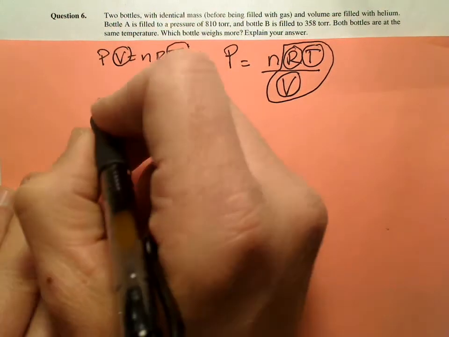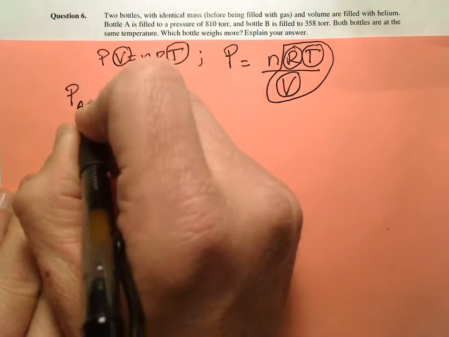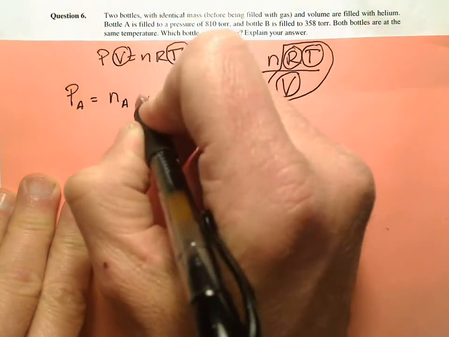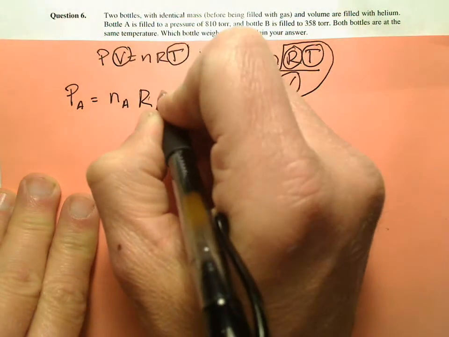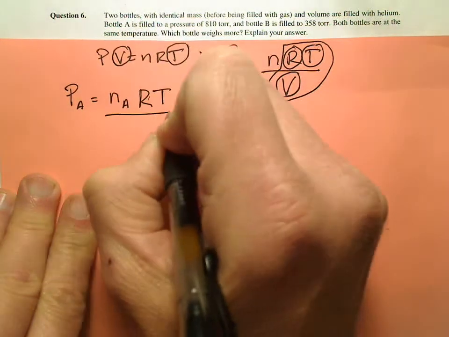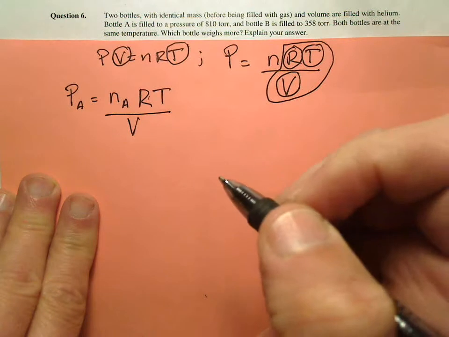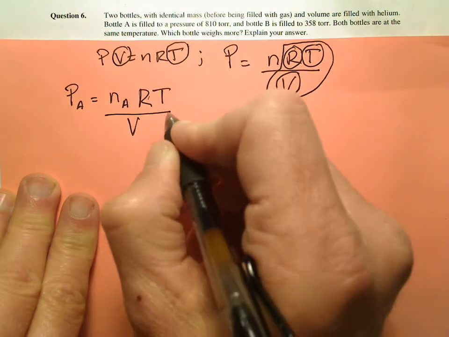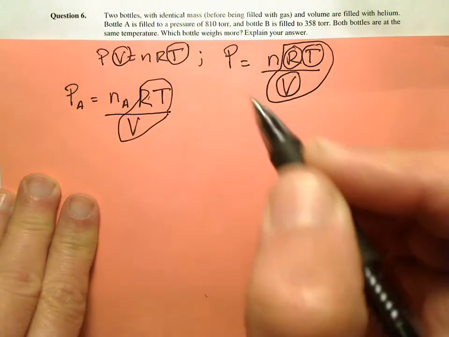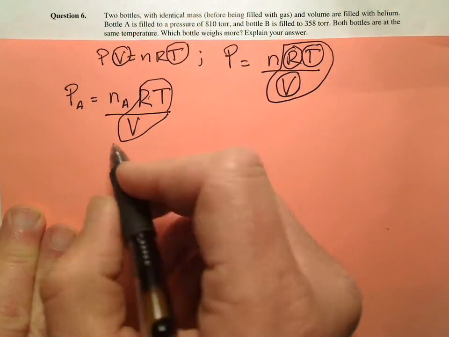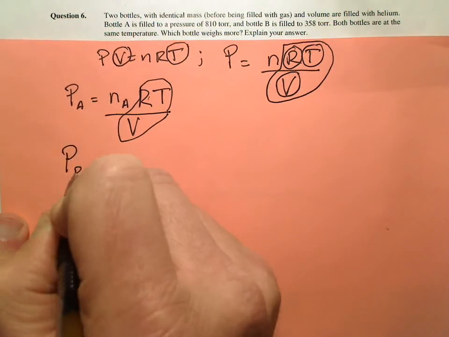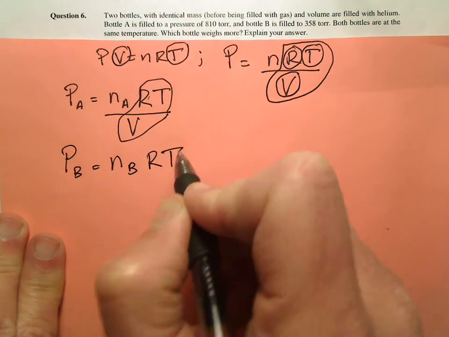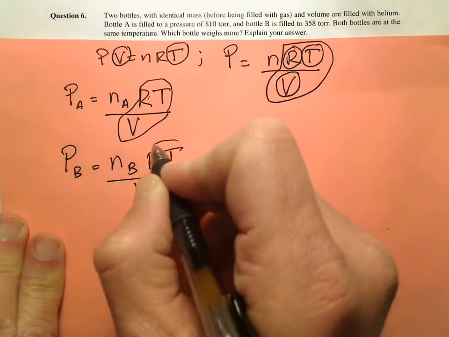For example, the pressure of bottle A is equal to the number of moles of A times R times T over V. And regardless, this whole RT over V is the same. So we can also say the pressure of B is equal to the number of moles of B times RT all over V.